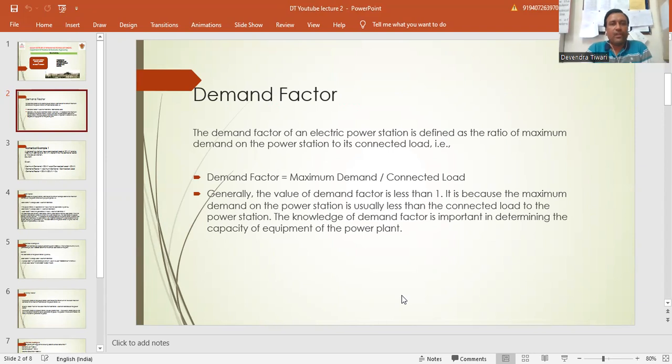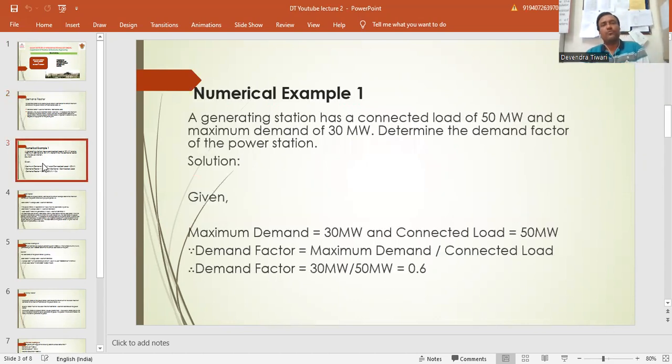That's why the value of demand factor is less than 1. Hence, knowledge of demand factor is important in determining the capacity of equipment of the power plant. So we'll move to next slide.